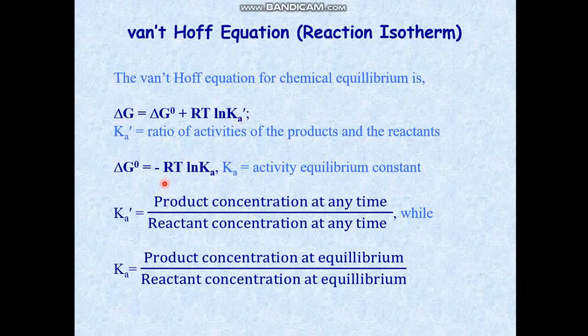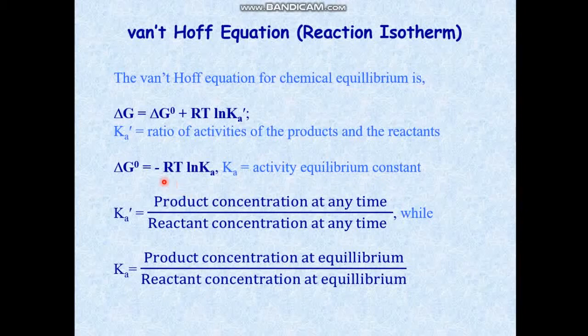Now delta G0 has the expression minus RT ln Ka from the thermodynamics previous chapters, as you have learned in your previous semesters. Delta G0 is minus RT ln Ka, while Ka is the equilibrium constant in terms of activity, and actually the terminology is activity equilibrium constant.